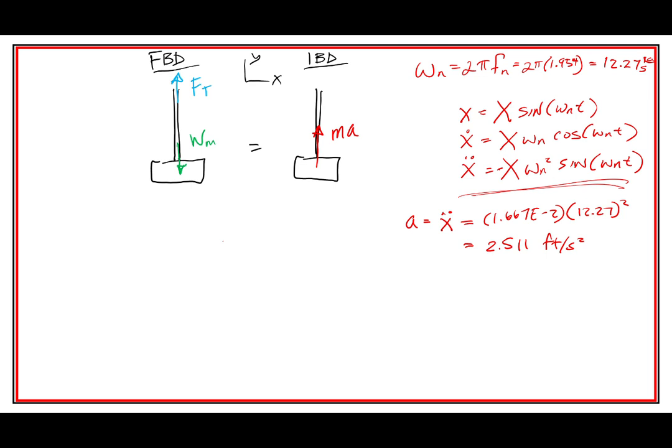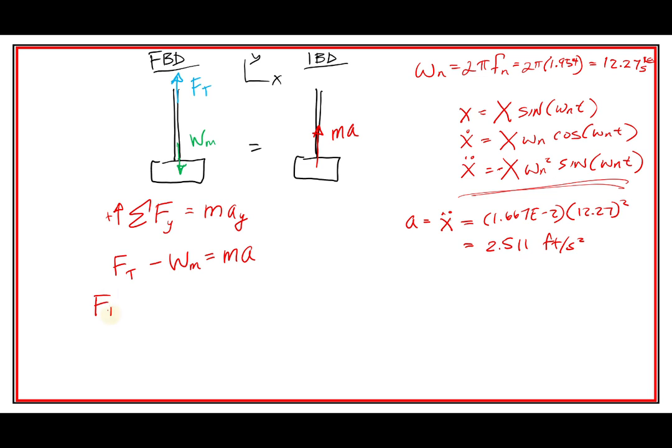And coming back up to this right here, the sum of the forces in the y direction equals mass times acceleration in the y direction. Up is positive. So we'll take Ft minus the weight of the magnet equals the mass times the acceleration.